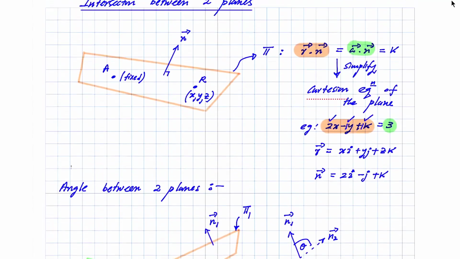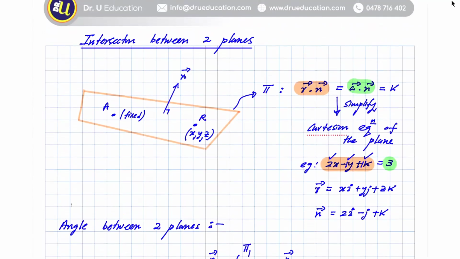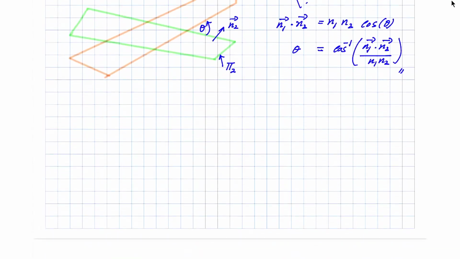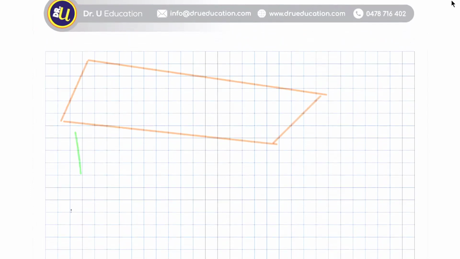Okay, so this we know. Then intersection between two planes, right? Think about it, you have a plane like this, and you have another plane like this, where this is going to be pi 1, this is going to be pi 2.